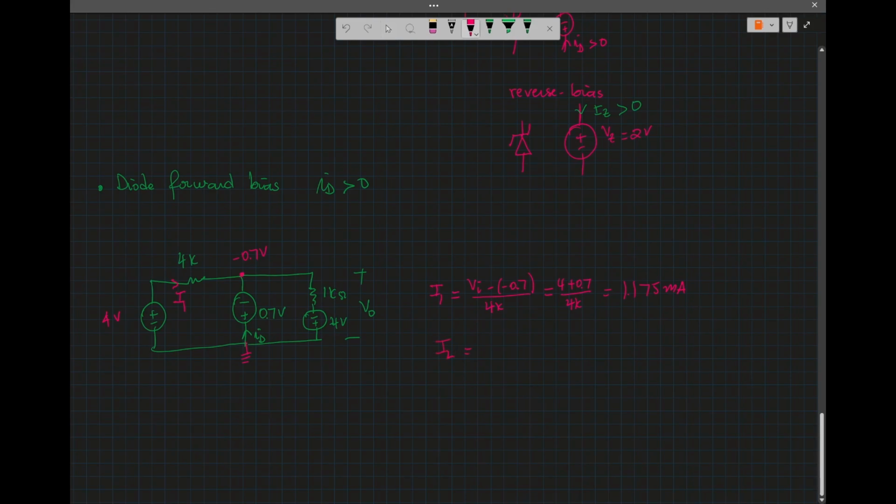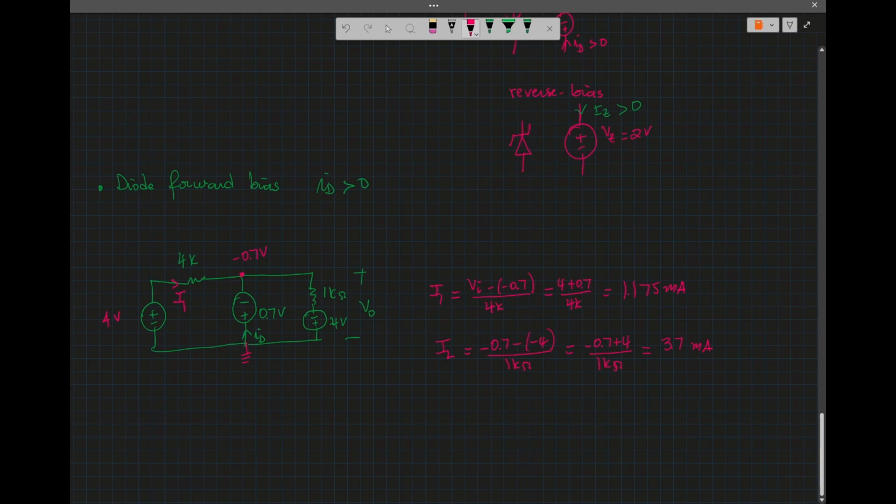IL is minus 0.7 minus 4 volt divided by 1 kilo ohm, which is minus 0.7 plus 4 over 1 kilo ohm. So that gives me 3.7 milliamp.